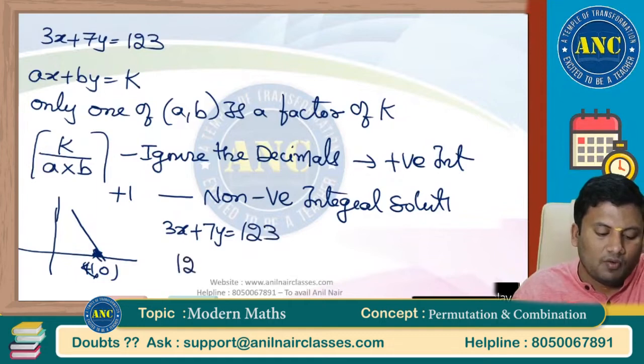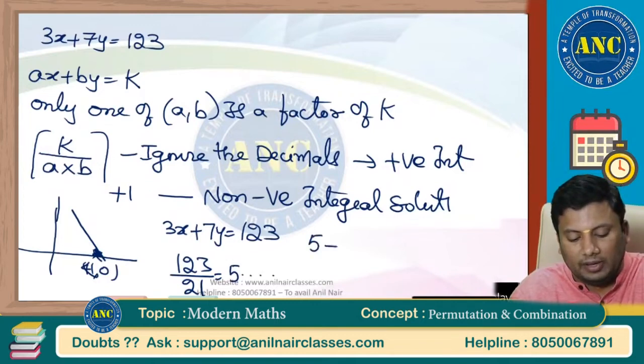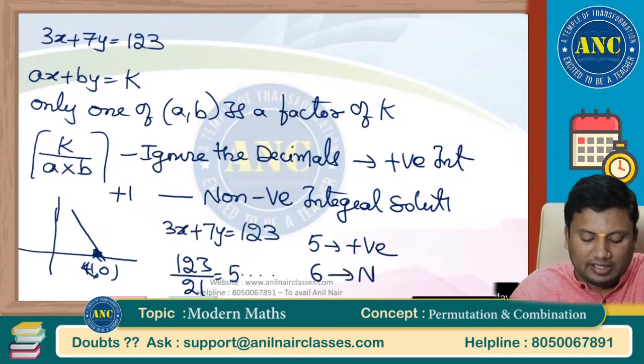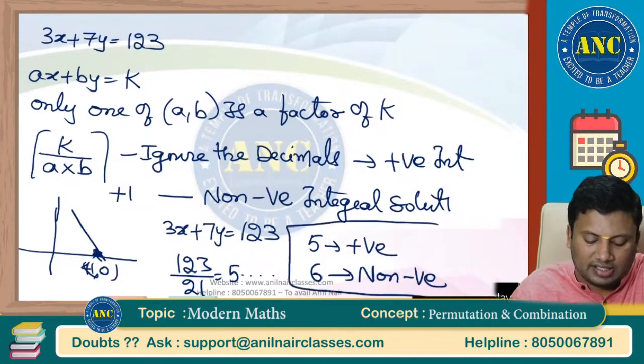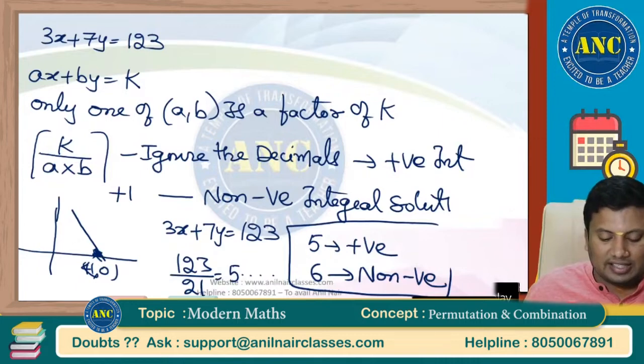This is 123 by 21, which is 5 point something. Ignore the decimal. 5 will be positive. Add 1 to it, I will get 6 non-negative. That is what we did in the previous case. 7 zeros are 0, 7 fives are 35. 0 to 5, total 6 cases we got.